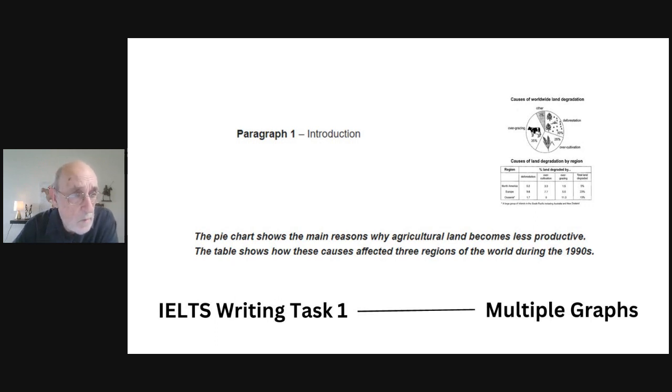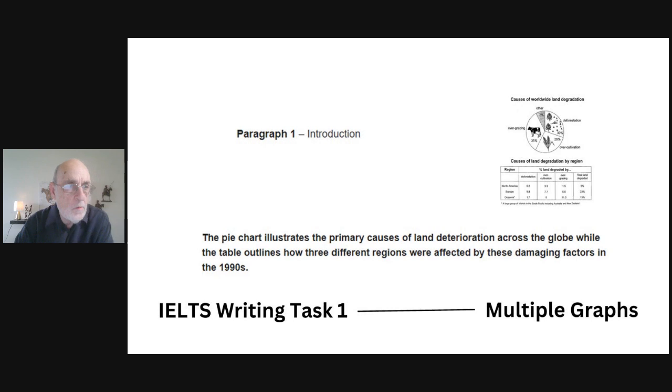So we simply want to take this description that we're given and put it into our own words, and this becomes our introduction. The pie chart illustrates the primary causes of land deterioration across the globe, while the table outlines how 3 different regions were affected by these damaging factors in the 1990s.